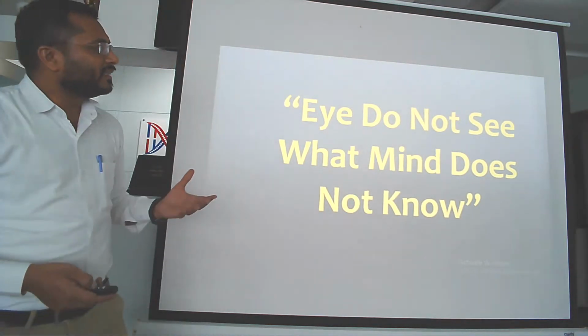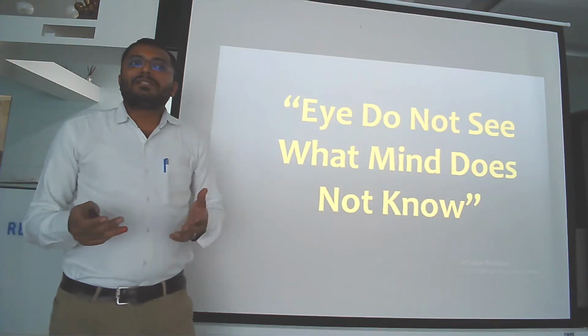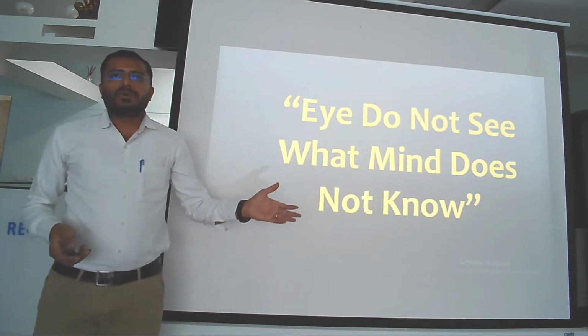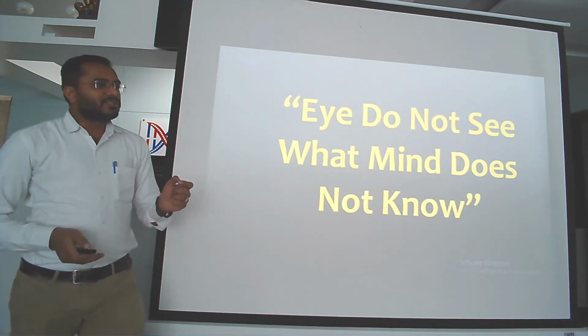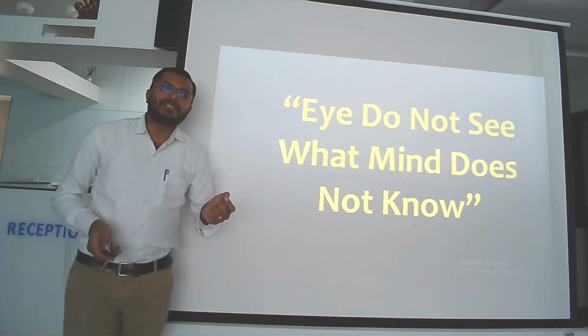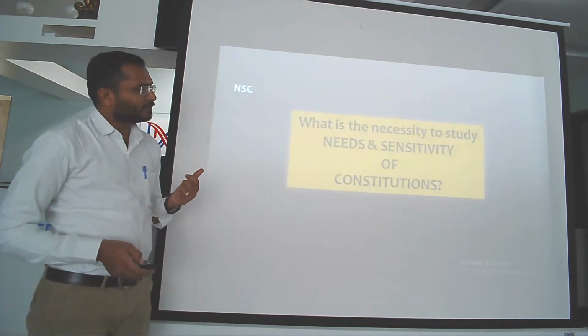In that case, if we don't know about that need, then we cannot practice in a proper way. So this is the topic I have today: the first step to prescribe a GCS is the need and sensitivity of the patients. Let's start with this process.